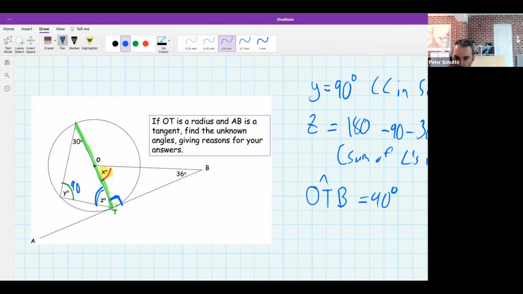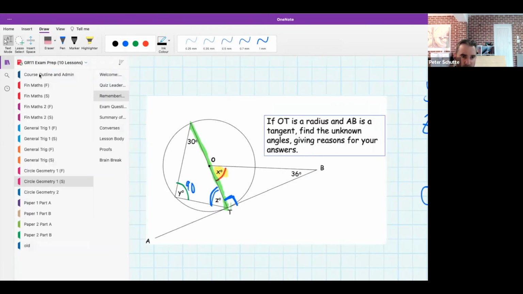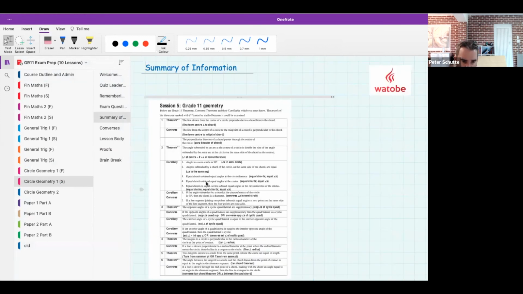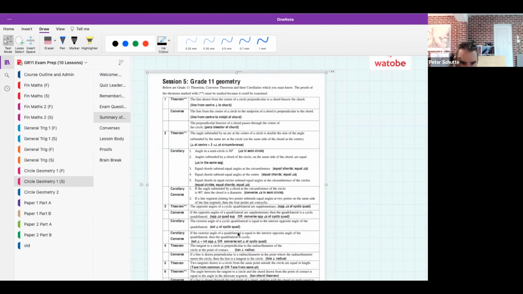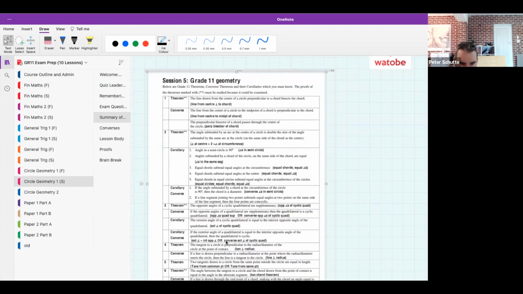And we often say line... my brain has gone blank for a moment. Let me just quickly check what the official reason is. Here it is: tangent perpendicular to radius.